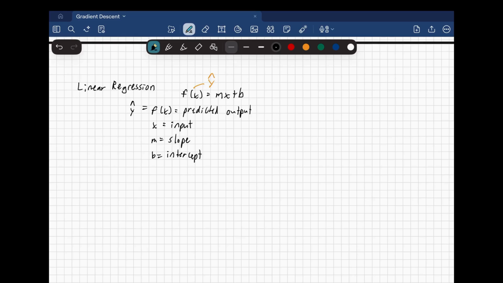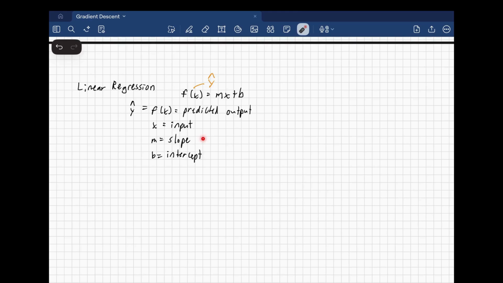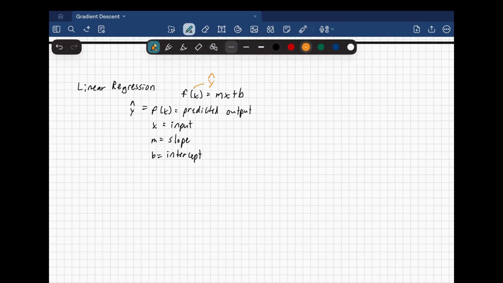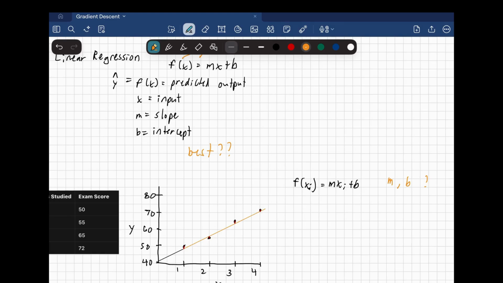I'll be going over this in detail in a bit, but basically the machine's goal is to find the best values of m and b that produce the best predictions. But what does best actually mean? As I mentioned earlier, m is the slope and b is the intercept.